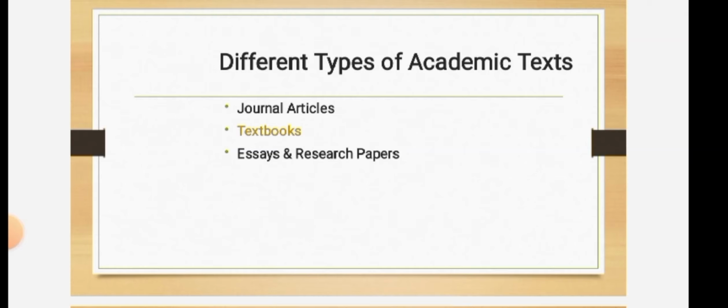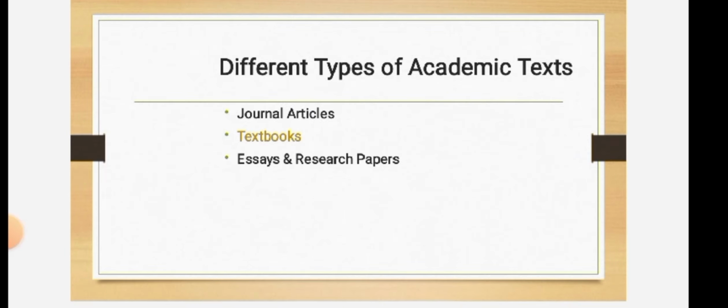Second category, textbooks. These are comprehensive overviews of a subject, providing detailed explanations, diagrams, and exercises to solidify your understanding. For example, a biology textbook might explain cellular processes with illustrations and end of the chapter questions to test your knowledge. And the third category, essays and research papers.